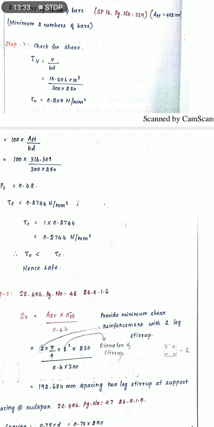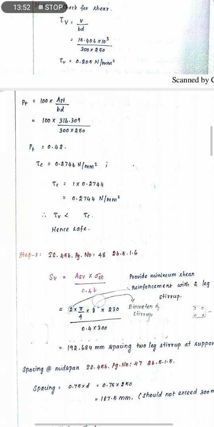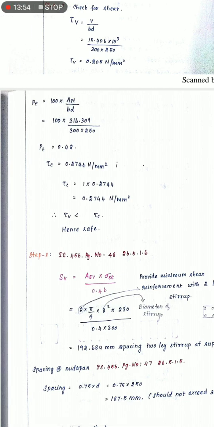Therefore 2 into pi d square by 4 into sigma st value, here Fe 415 steel, so the permissible stress of steel is 230 Newton per mm square, divided by 0.4 b. Therefore 192.684 mm spacing for two-leg stirrups. So we can choose 190 mm.